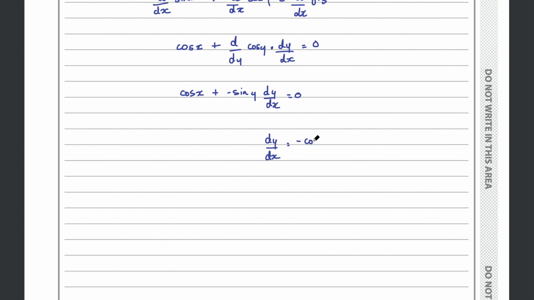So we'll have negative cosine x over on the right hand side here, and then divide by this negative sine y. So this will be negative sine y over here. And then those negatives would cancel out, so I didn't really need to write those. So dy on dx is cosine x over sine y.